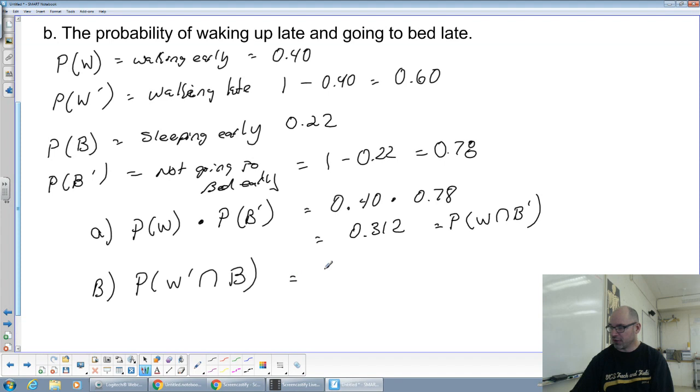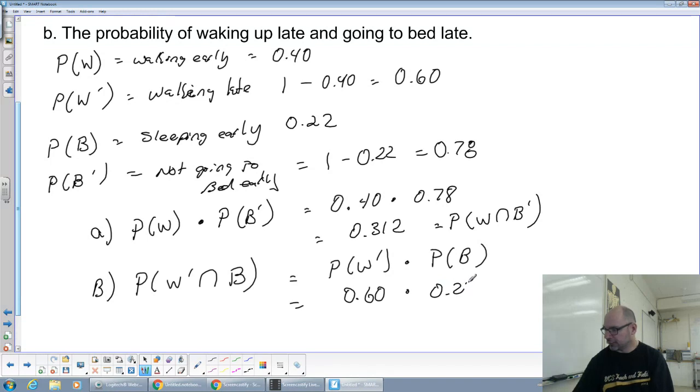So this is going to equal the probability of W prime times the probability of B. There's no prime in there. So W prime here, waking up late, is 60%. Times going to bed early is 22%. Multiply those two numbers together.